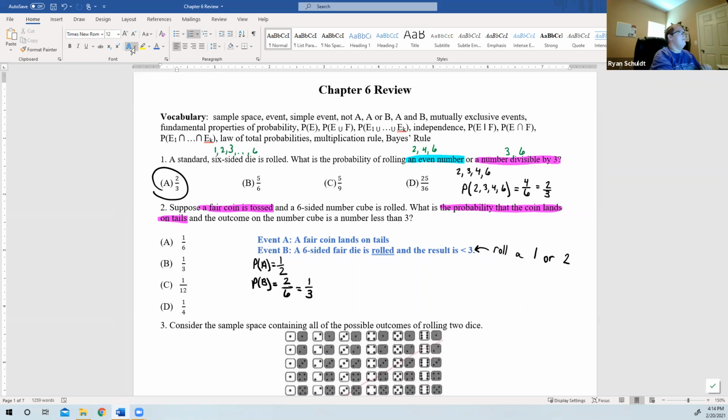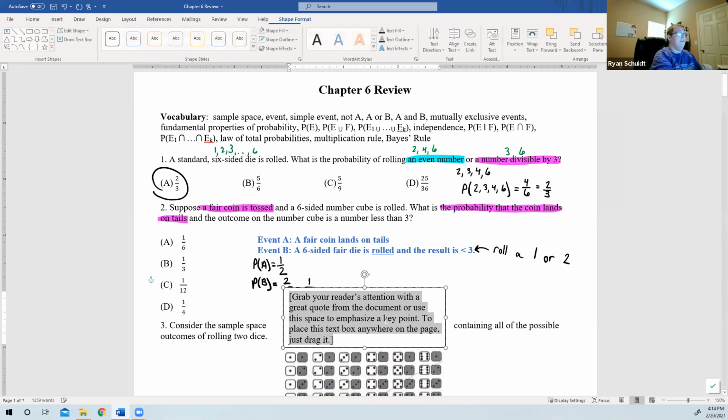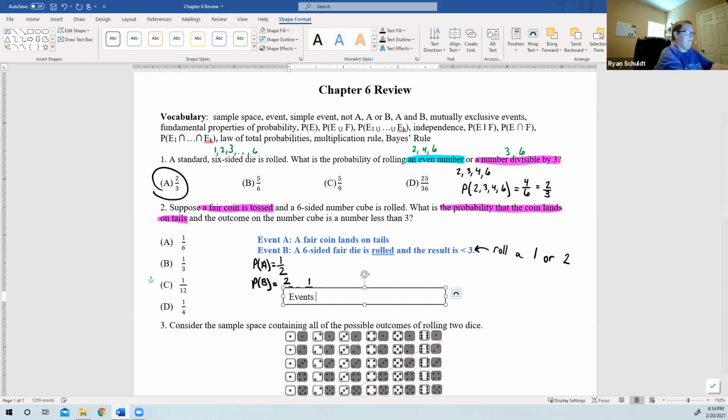Now, another thing to note here is that these are independent events. Events A and B are independent.